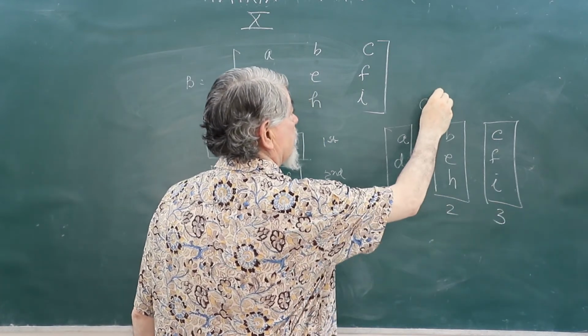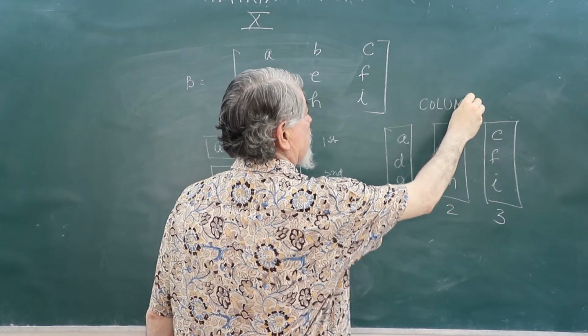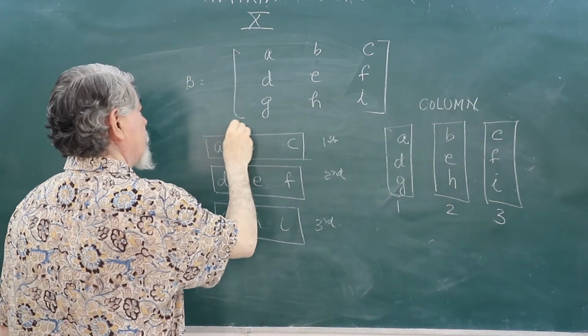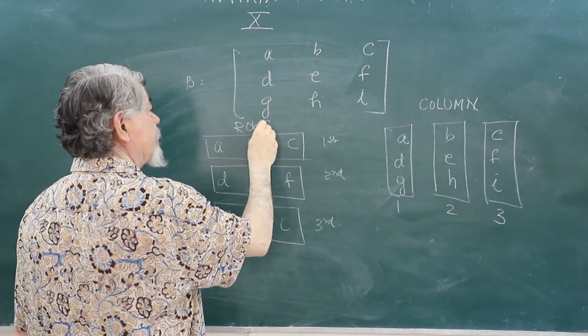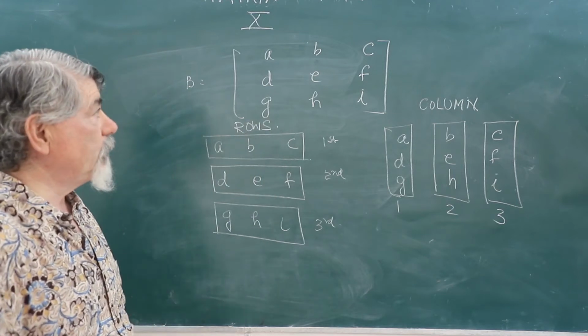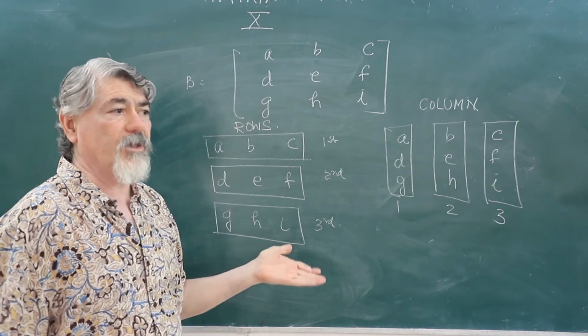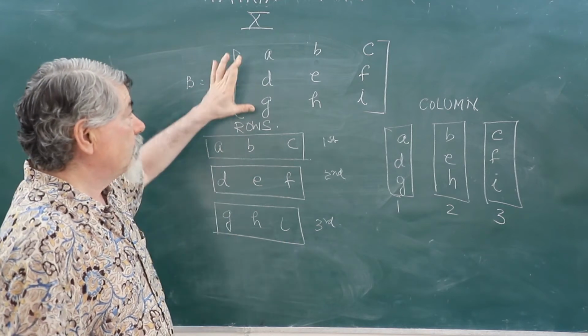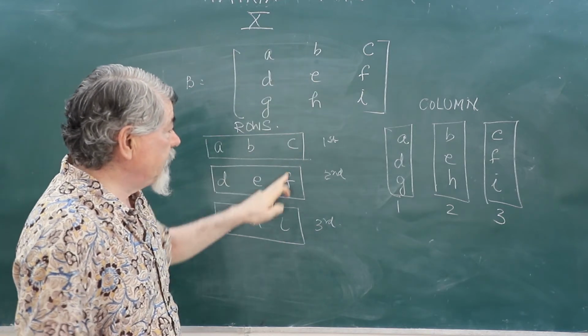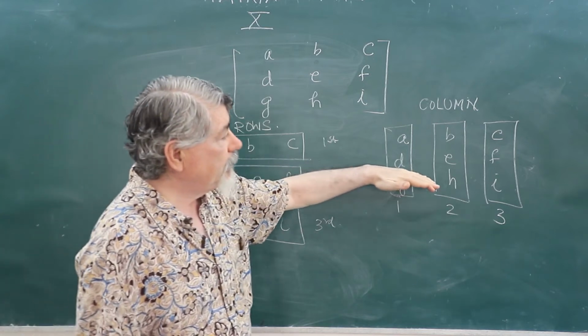These are columns, C-O-L-U-M-N. These are rows. So I have 3 rows and 3 columns. The number of rows and number of columns are equal.